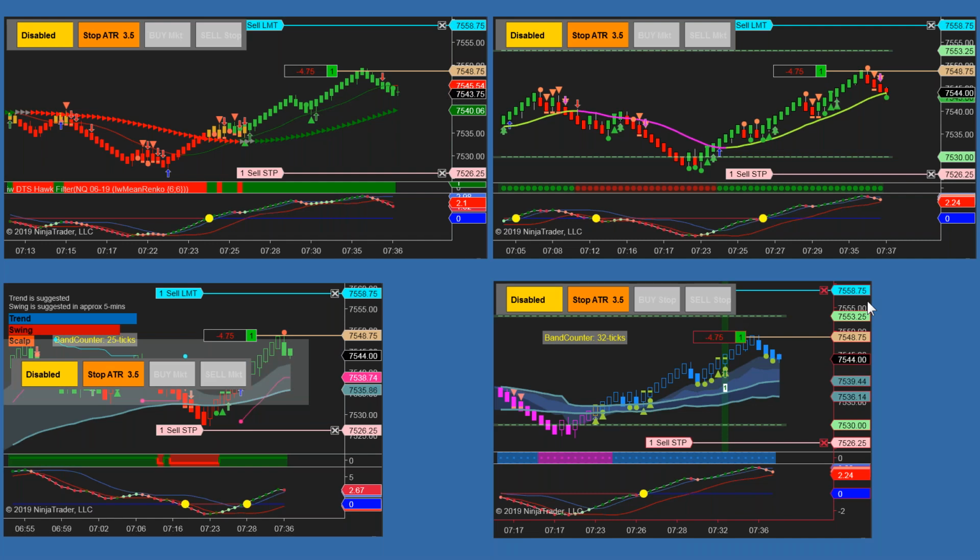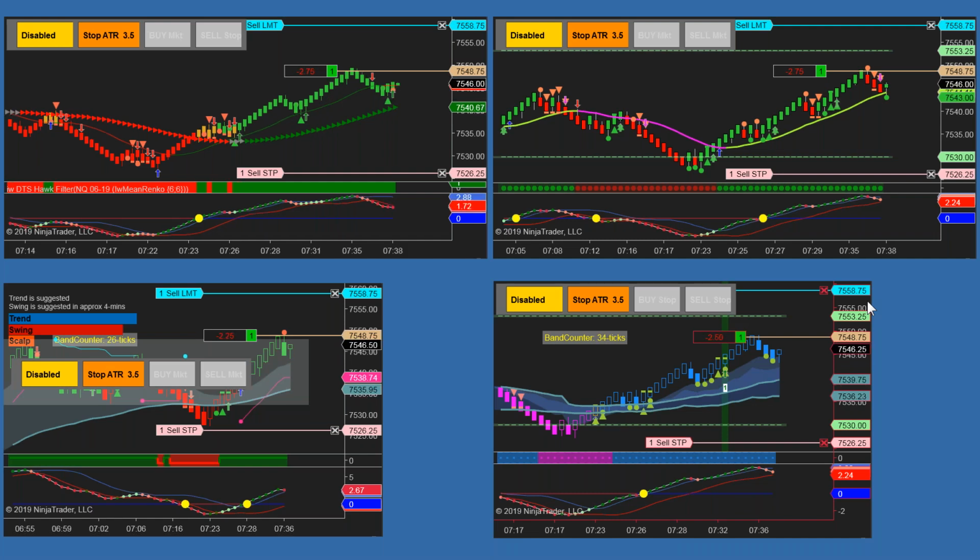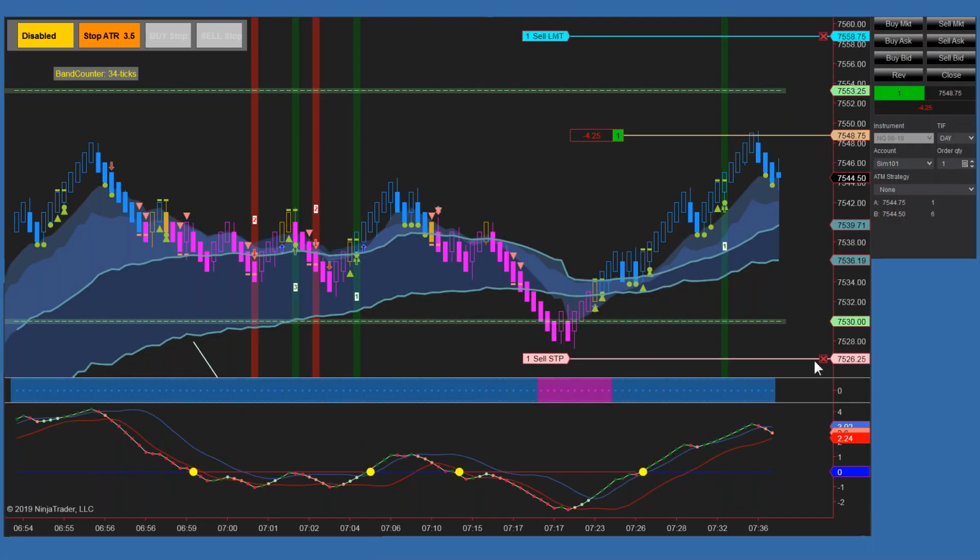There's no reports out at this time. Well, we're leaving trend mode, entering swing mode, and I think we're probably already there. We've certainly introduced a little bit more in the way of pullbacks.